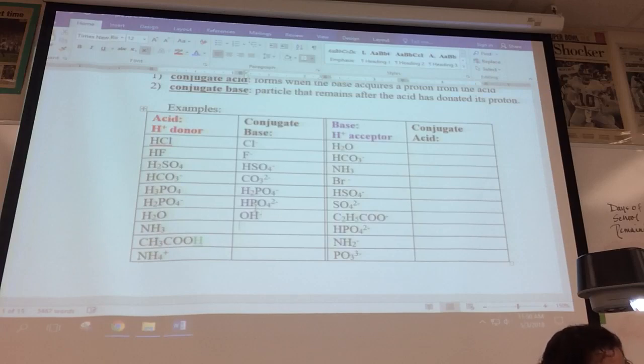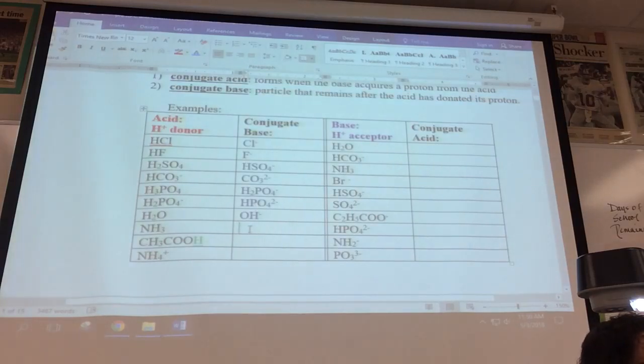Hydroxide ion. Ammonia, like water, like dihydrogen phosphate, is amphiprotic or amphoteric. It has the ability to do both. In this case, it's listed as an acid. Shortly, you'll see it listed as a base. Ammonia can donate a proton, and what would it form?